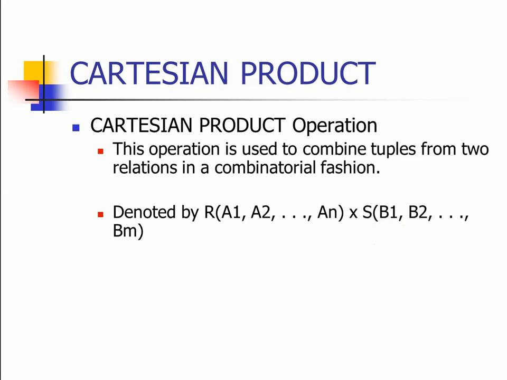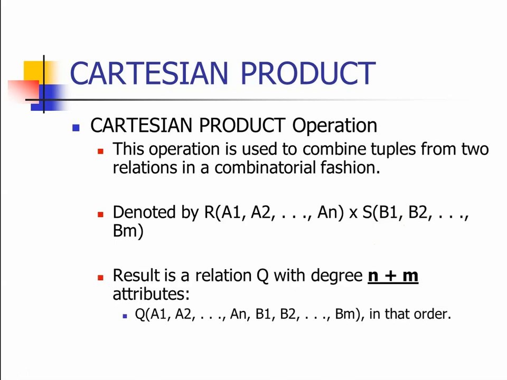If we do the Cartesian product of the two tables, first of all, it creates a huge table with all the attributes from the R table plus all the attributes from the S table. Therefore, it will have N plus M attributes.